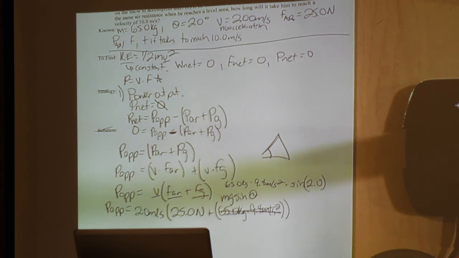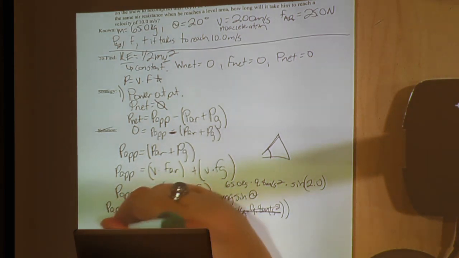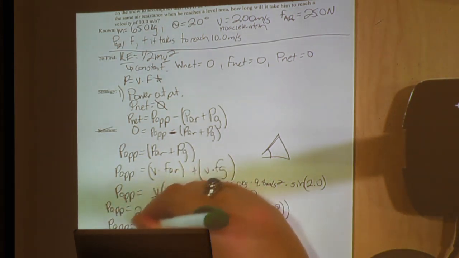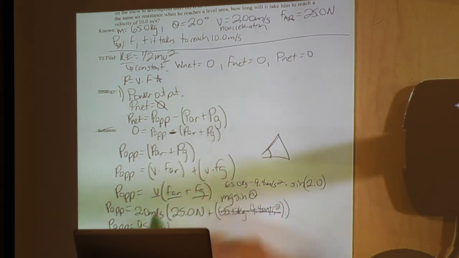All right, what'd you guys get? Good. So it should be 95.4-ish, right? Is that what you guys got? Depending on if you use the 10 or the 9.8. What'd you guys get?